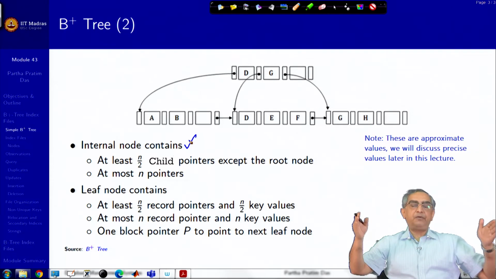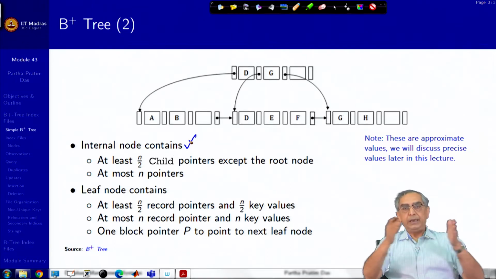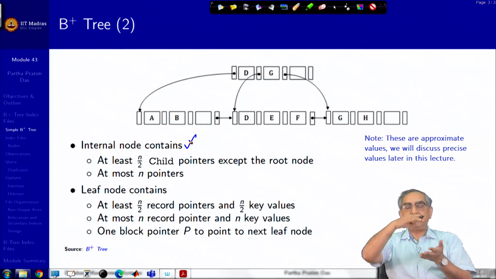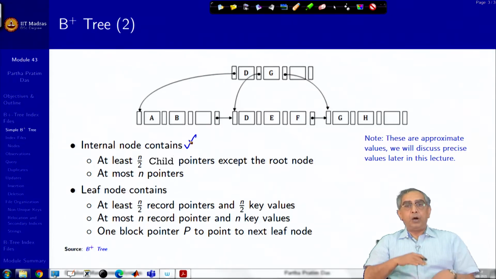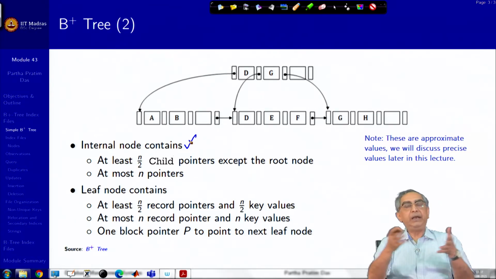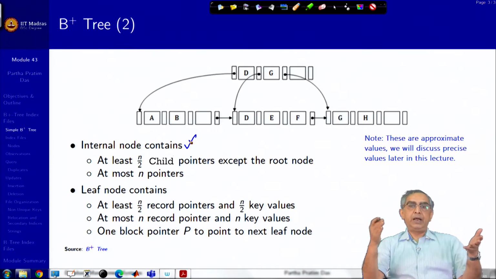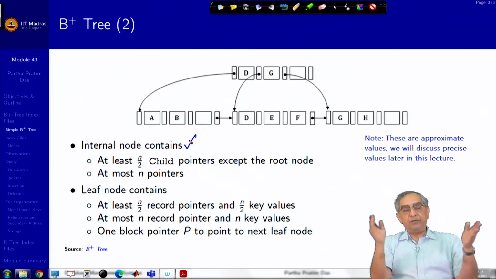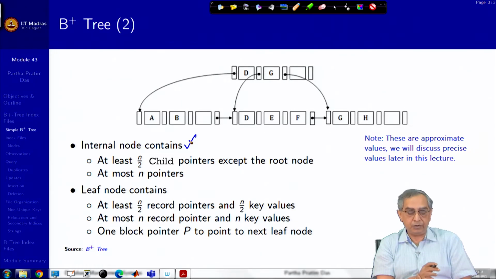If we increase the number of keys in a node, then that linear search part increases, even though the height is reducing. On the other side, if we have nodes which have very few keys, then you will need a lot more nodes, the height will go up, and obviously the storage will also be more.